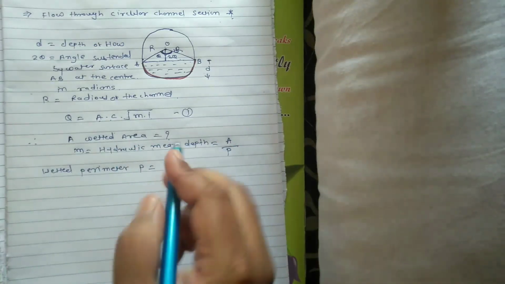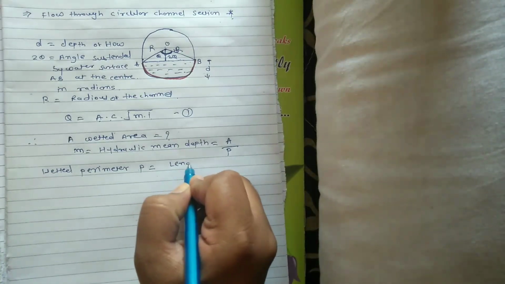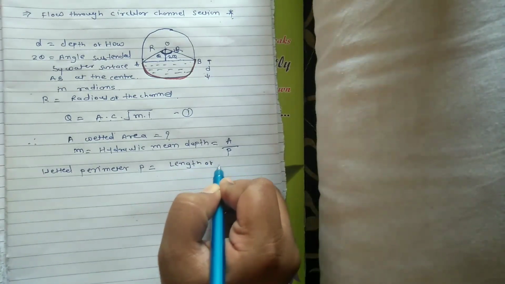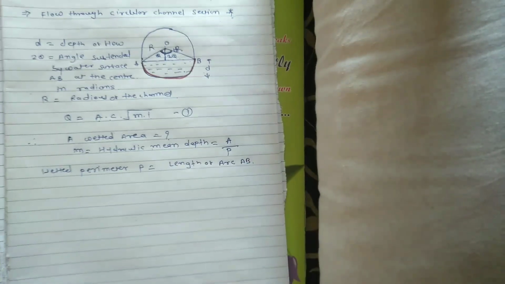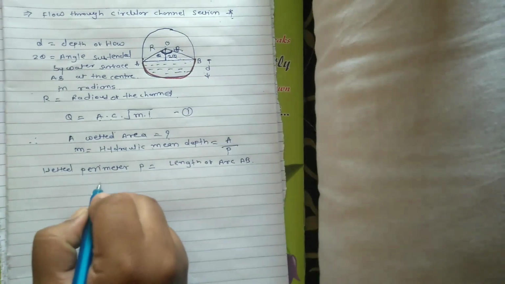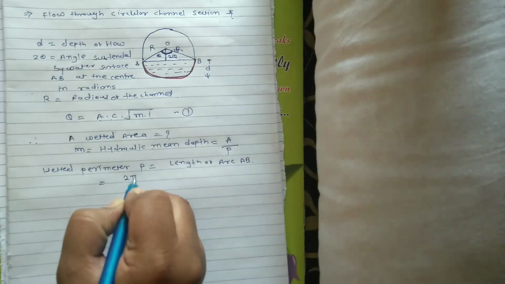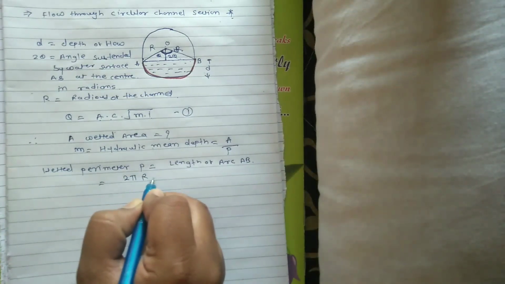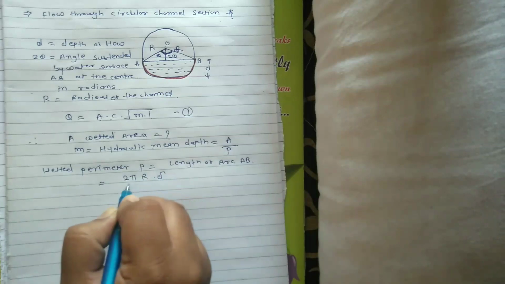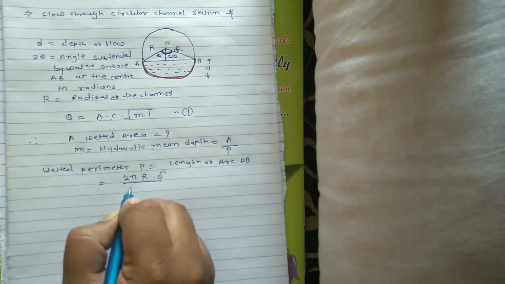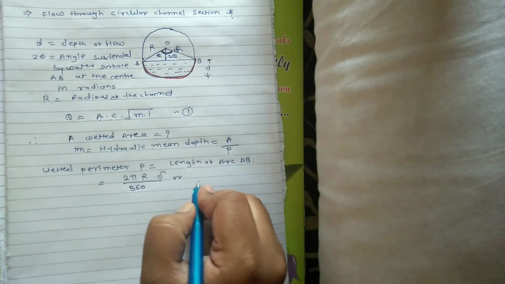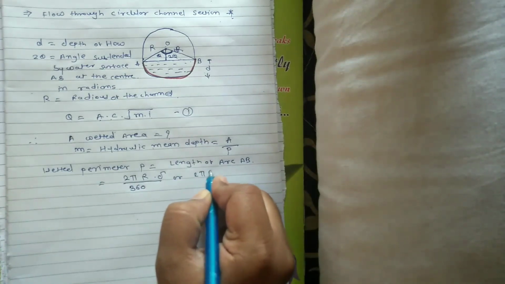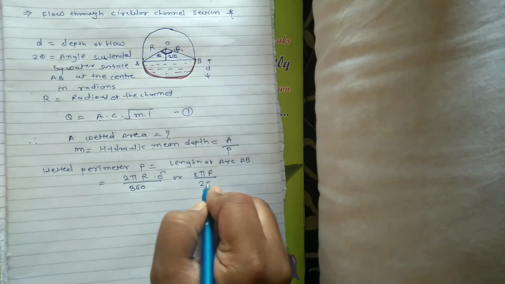So what is the weighted perimeter? It is nothing but the length of arc AB, right? Now what is the length of arc? That is nothing but 2 pi r into delta divided by 360, or it is nothing but 2 pi r into delta divided by 2 pi.